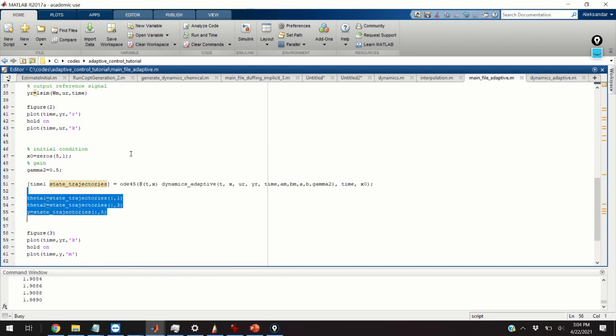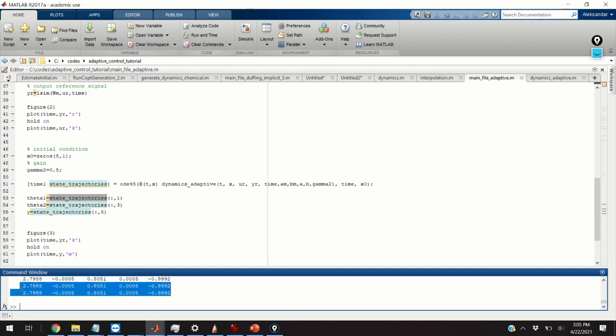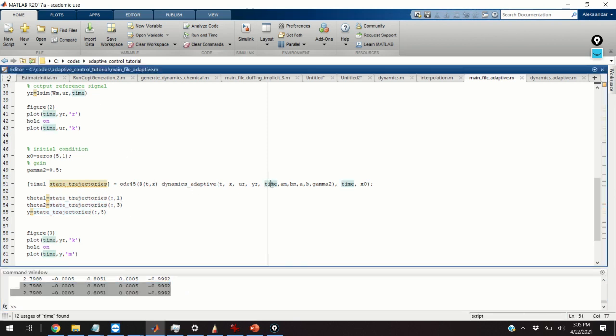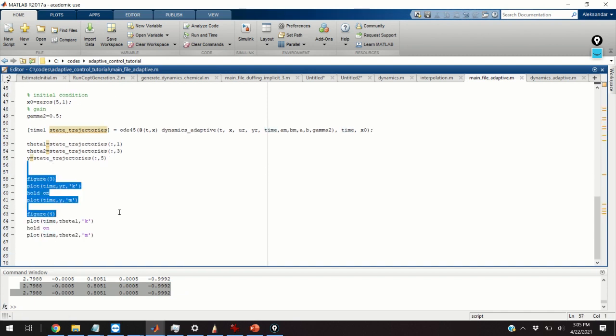And let us extract the state space variables, because the state trajectories, the output of this simulation, contain a matrix that has 5 columns, and the number of rows is equal to the number of samples in the time vector. And let us plot the system response.